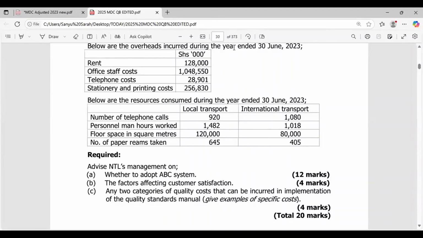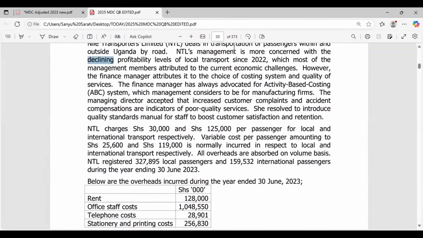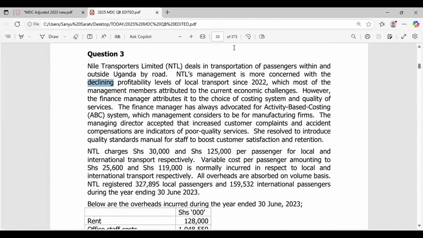Now, they told us that NTL registered 327,895 local passengers and that many international passengers. These people are dealing in transport. So they have the local passengers and the international passengers, but they are not happy about their declining profitability.